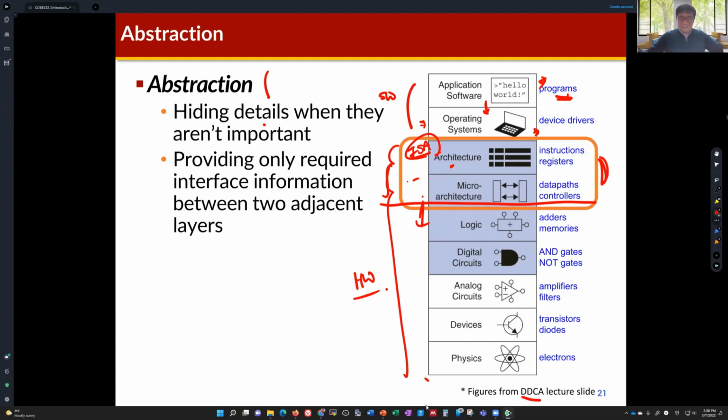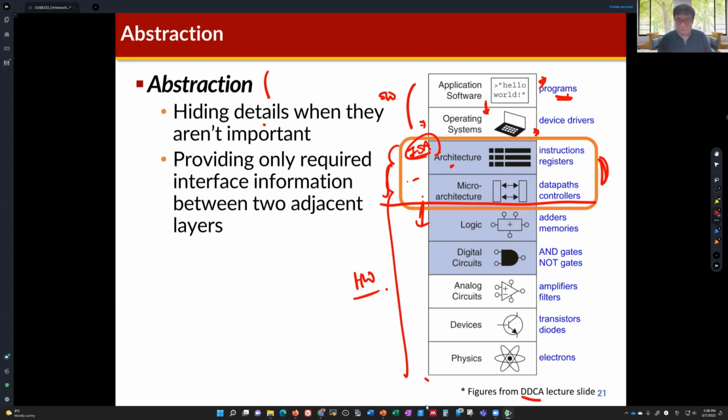There are different kinds of layers like logic layers, digital circuit layers, analog circuit layers, devices, and physics, like how electrons work, how positive particles work. It's an area of physics.